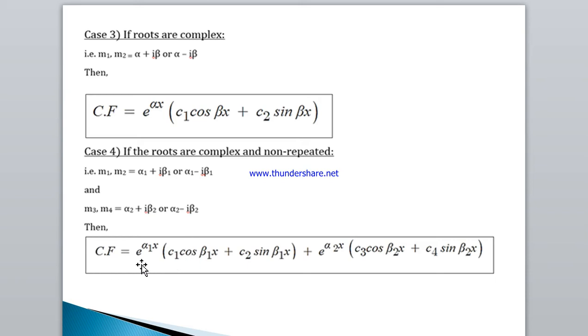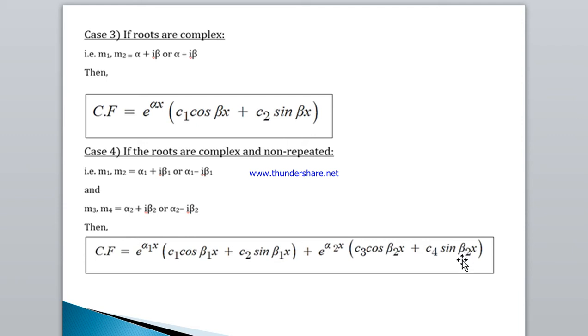The complementary function is e power alpha 1x, c1 cos beta 1x plus c2 sin beta 1x, for the first roots, plus e power alpha 2x, c3 cos beta 2x plus c4 sin beta 2x, for the second roots. So this is for different complex roots, that is, non-repeated.